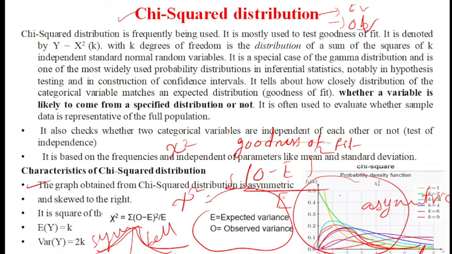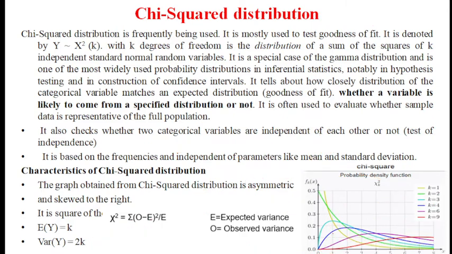In this graph, each curve represents the chi-square distribution for a different degree of freedom. You can see the diagram here.